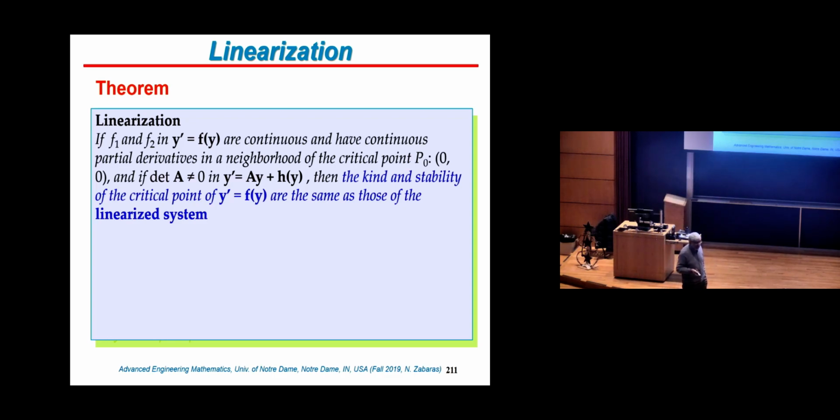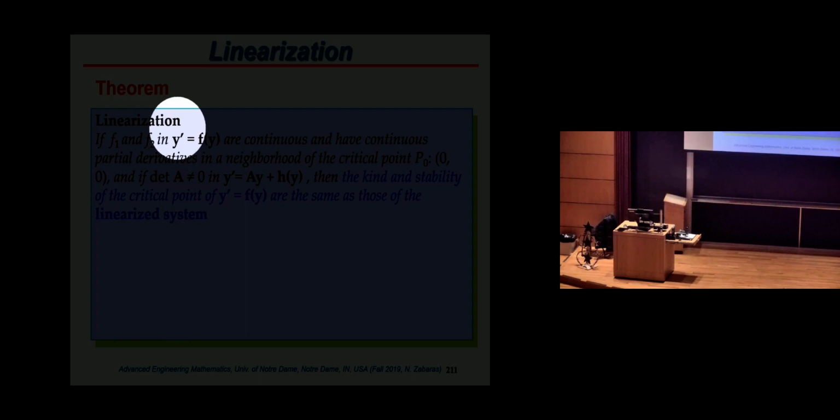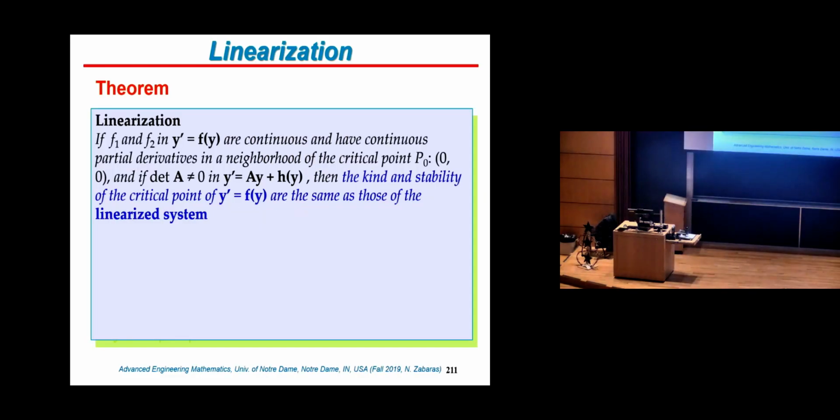Let me repeat it. If we linearize f of y around the critical point, the type of stability we will get for our original nonlinear system will be the same as for the linearized system around the critical point. This matrix A, the matrix of first derivatives that I mentioned before, is the Jacobian matrix, and h of y are higher order terms that will not come in the linearization process. You neglect them.